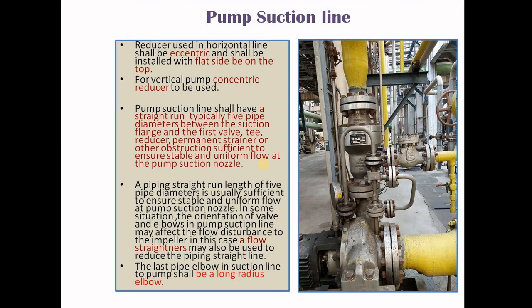Similarly, we use a larger pipe diameter on the discharge side, and there the reducer we have to use is a concentric reducer. If in the pump suction line, due to geometry or constraints, you have to use some tapping or strainer within the 5D length, then a straightener should be used to avoid turbulence. And the first elbow used in the pump suction line should be a long radius elbow.